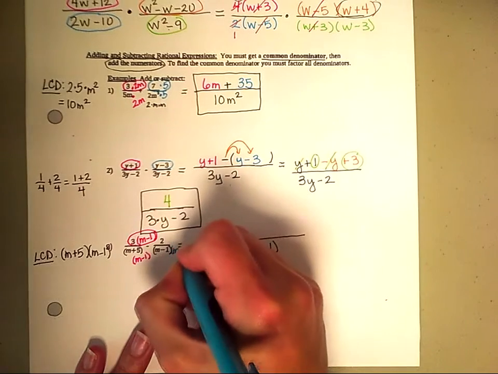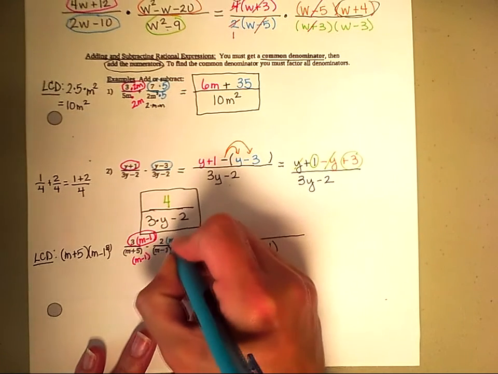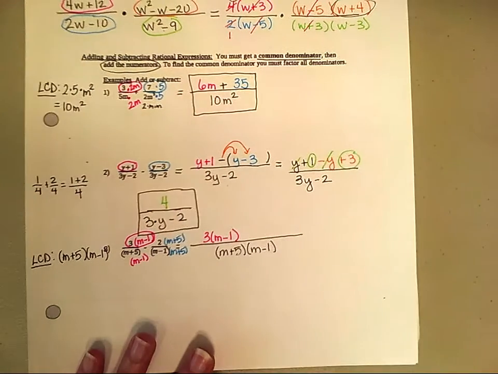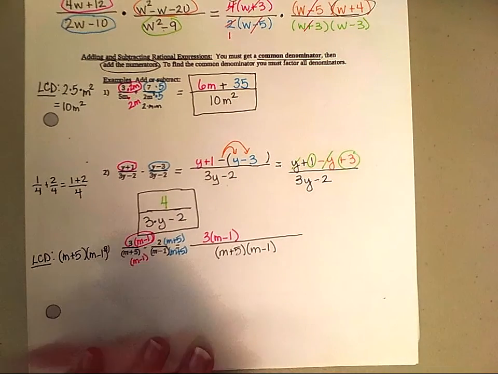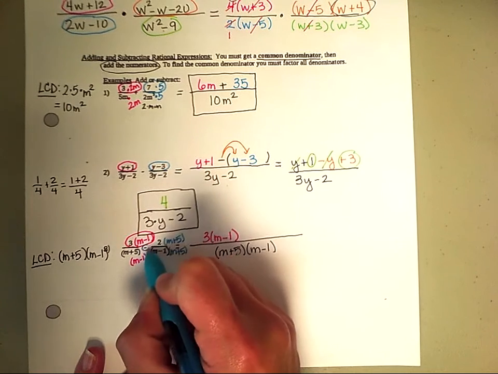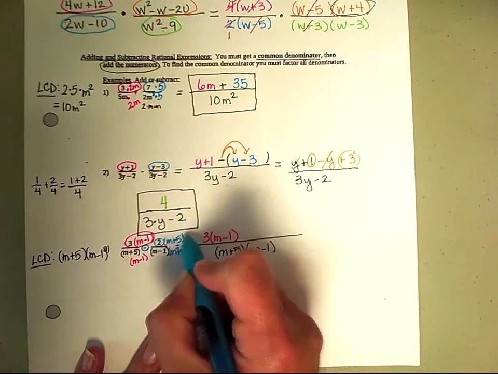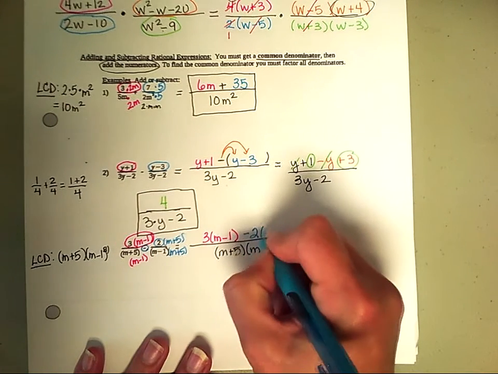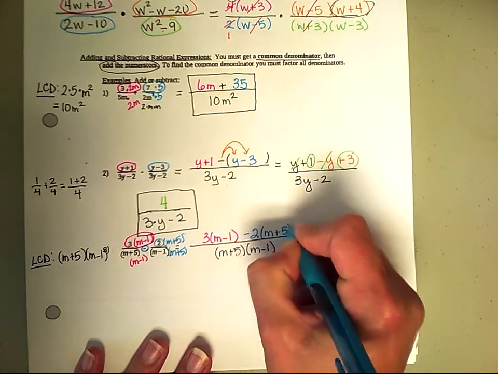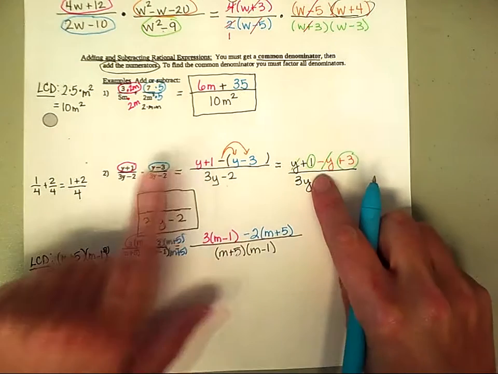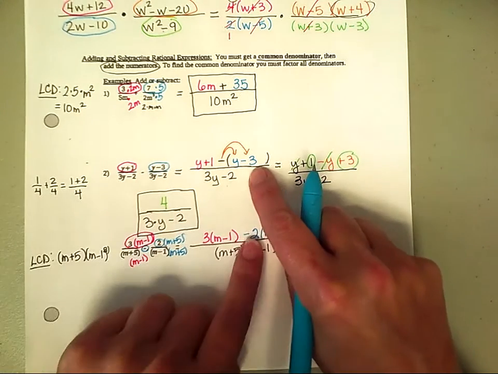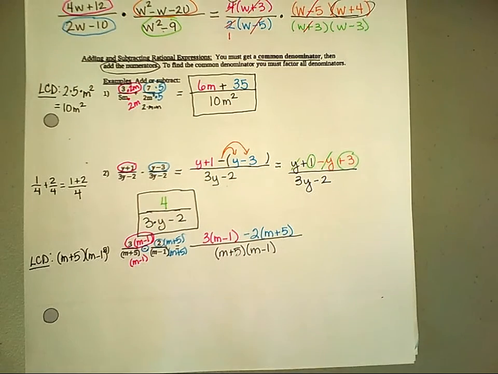Here we need to multiply by m plus 5 on top and bottom. And now what we have to be careful about is we're subtracting, okay? So subtracting 2 times m plus 5. Again, the same problem we had here. When you're subtracting, we're going to have to distribute that negative.